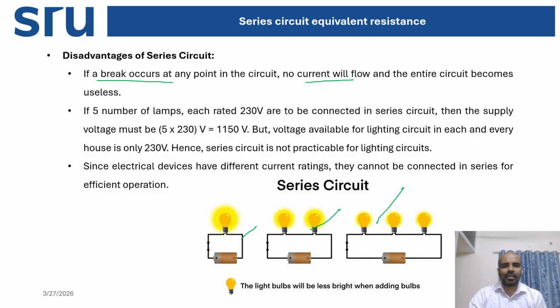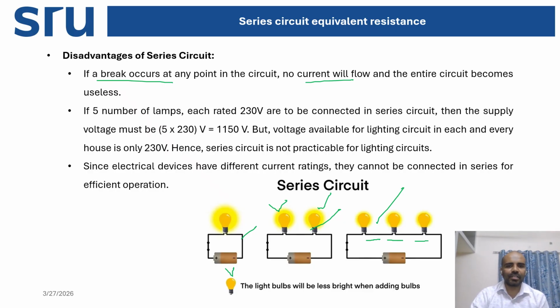And if you connect bulbs one by one in series combination, then the glow of the bulbs will decrease, because the supply voltage V volt is equally divided across each bulb. So if you connect more bulbs, the voltage drop across each bulb will decrease.